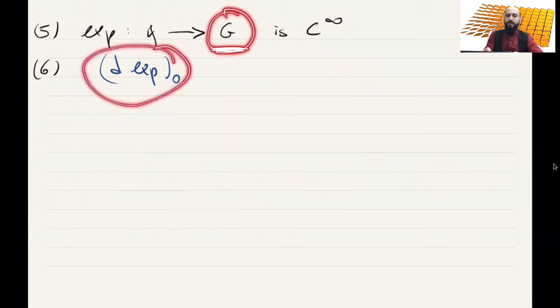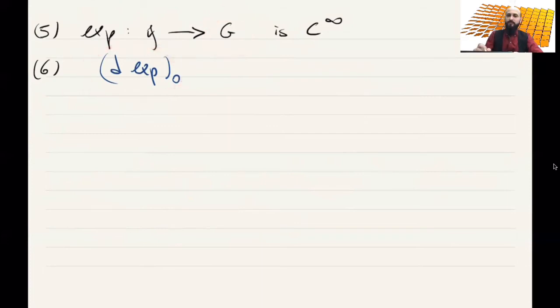So this map goes from the Lie algebra to itself, and one can check that this differential is actually the identity map on g. It's a very important calculation, very easy. Do it if you didn't do it at some point.